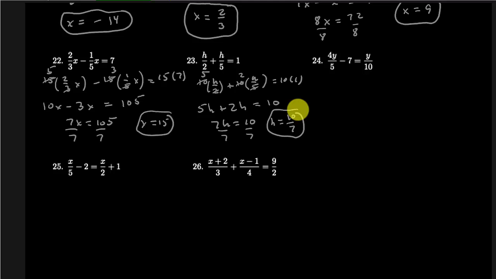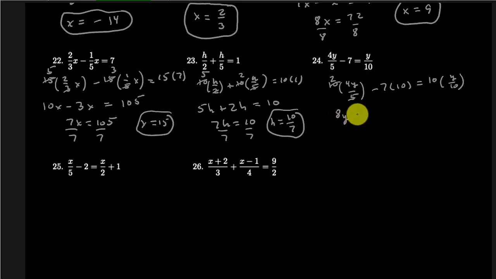All right, next problem. Multiply by the common denominator, which in this case is 10. So I've got 10 times 4y over 5 minus 7 times 10 equals 10 times y over 10. So the 10 and the 5 cancel. I'm left with the 2.